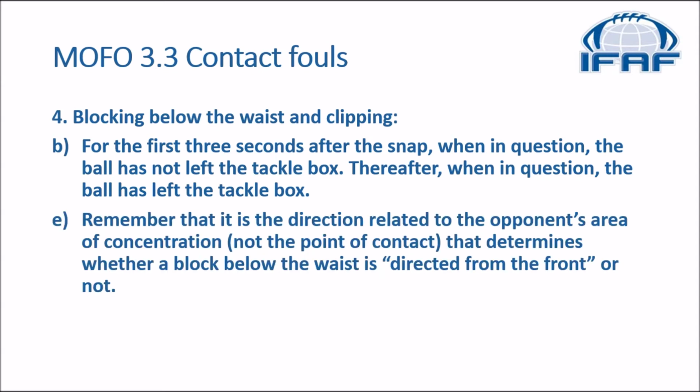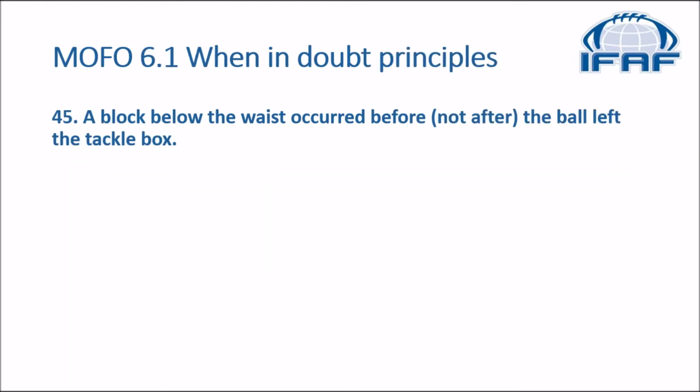And E goes on to say, remember that it is the direction related to the opponent's area of concentration, not the point of contact, that determines whether a block below the waist is directed from the front or not. And finally, when in doubt principles, 45 says a block below the waist occurred before, not after, the ball left the tackle box. And that was the book.